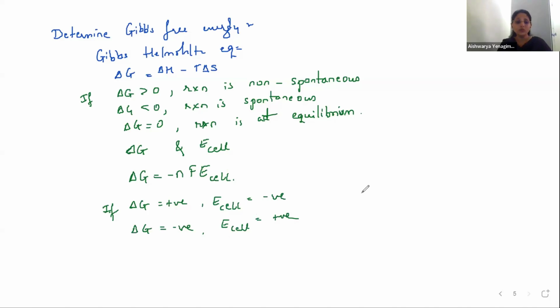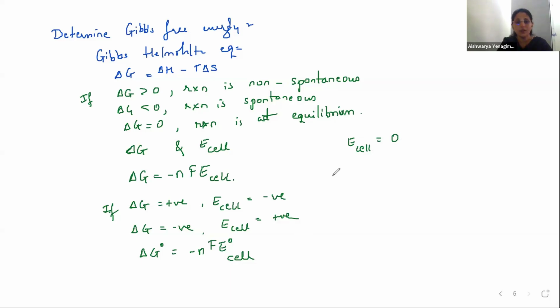Now, in standard form, I will write this equation as delta G naught is equal to minus nF E naught cell. If I want to write it in terms of the equilibrium constant, the moment I talk about equilibrium, E cell is equal to 0 in the Nernst equation.